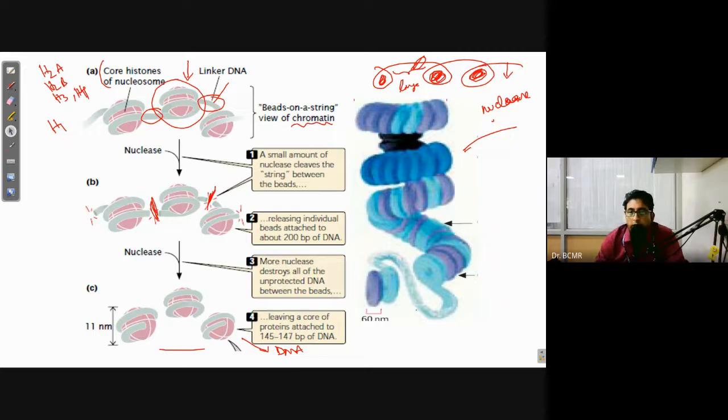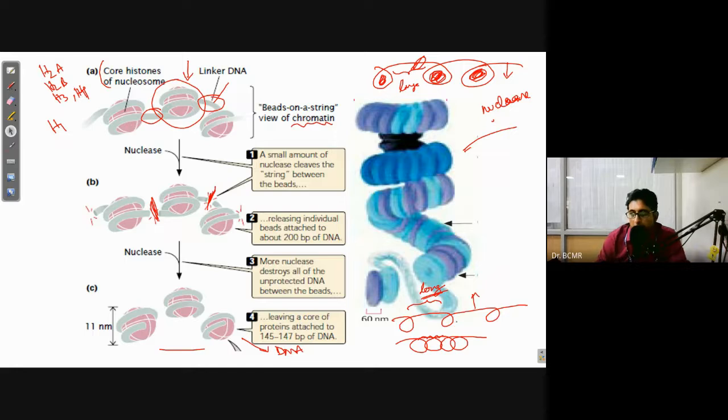What we want to study is whether a chromatin is in the euchromatin stage or the heterochromatin stage. As you can see, in the euchromatin stage, the linker DNA is long, or there are frequent linker DNAs, compared to the heterochromatin, where everything is so packed up.